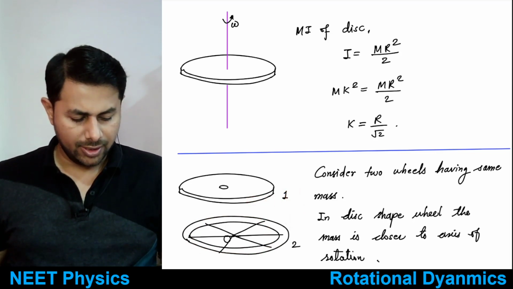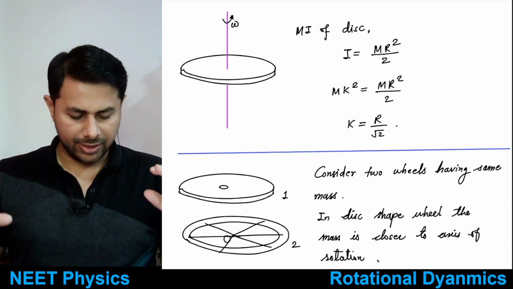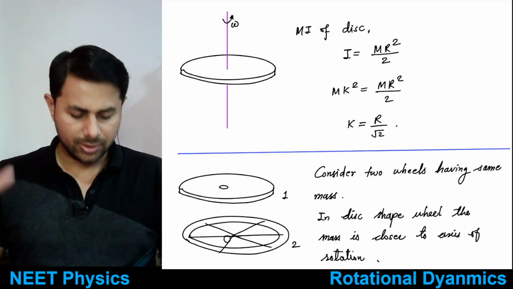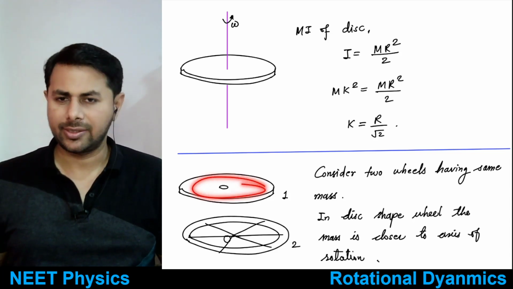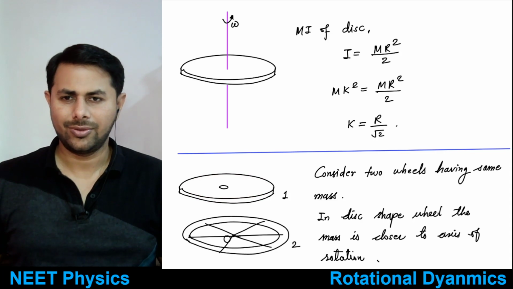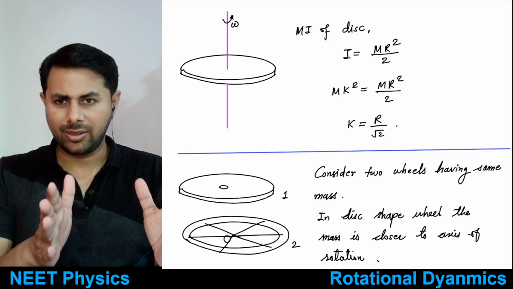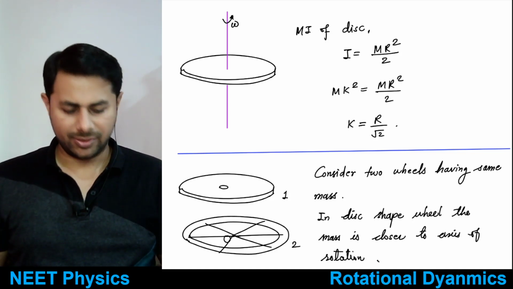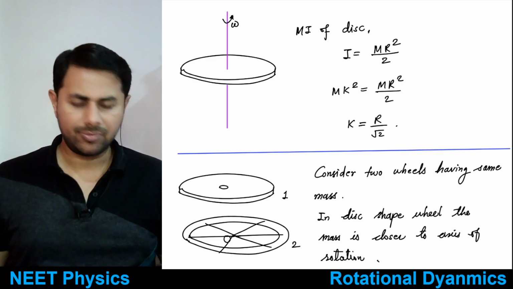Then the radius of gyration will give you the distribution of mass about the axis of rotation. How close or how far the mass is distributed about the axis of rotation will be given by the radius of gyration.